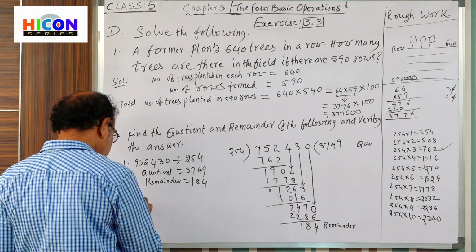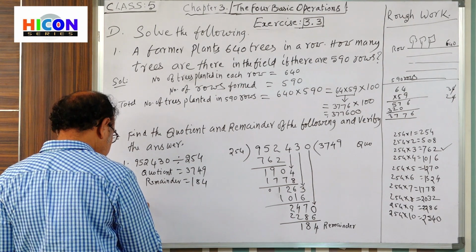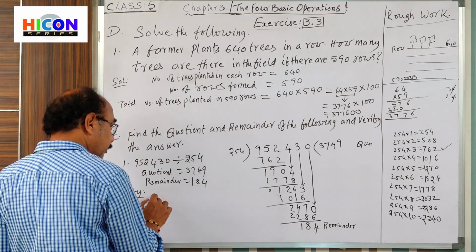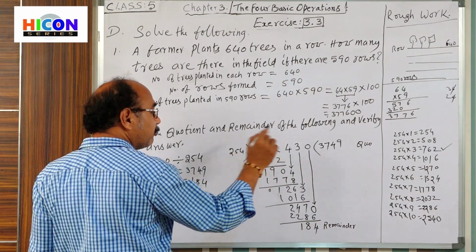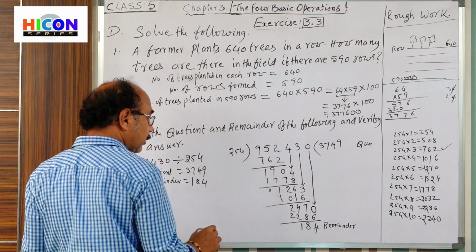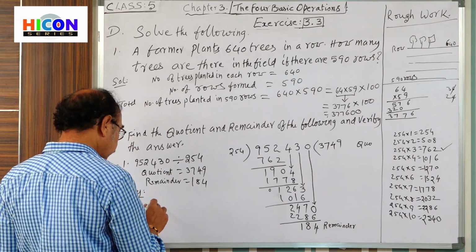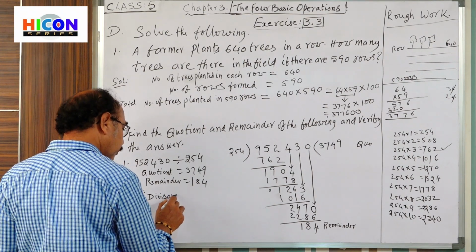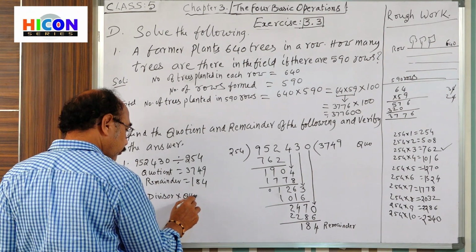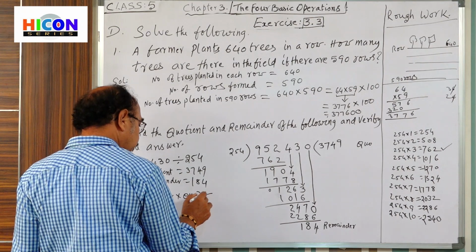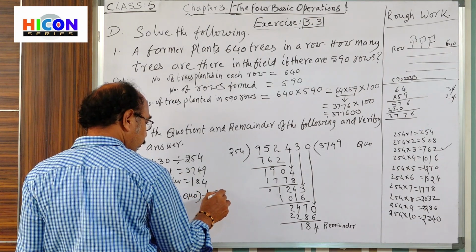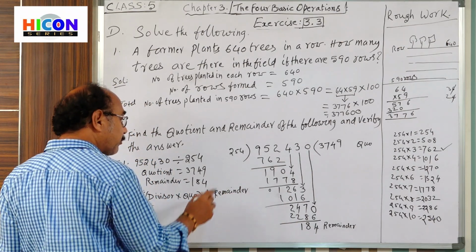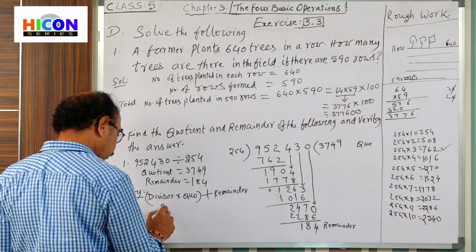Verify means to check your answer. Verification: dividend is equal to divisor into quotient plus remainder. What is the divisor here? 254.